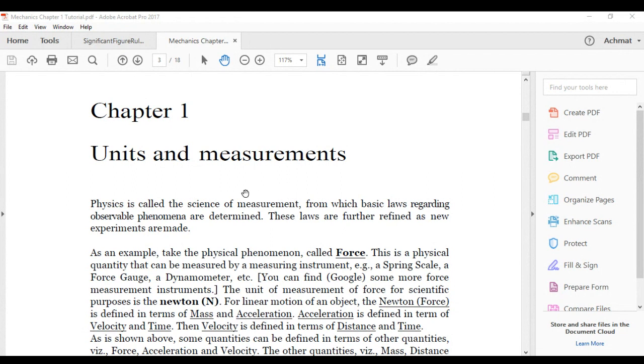Okay, so once we can make measurements of certain things, we can make use of these to determine certain basic laws of physics, our understanding of what happens in nature.